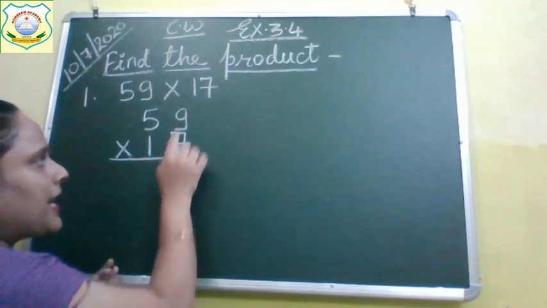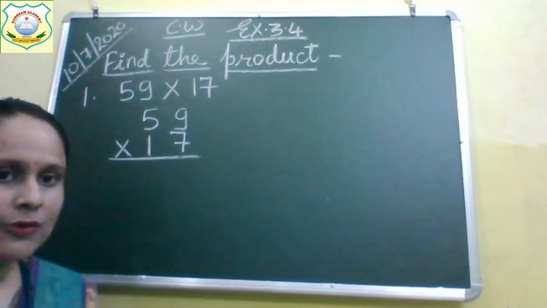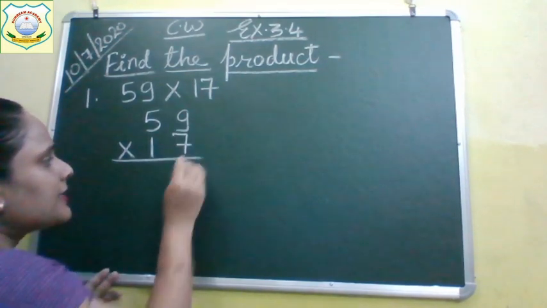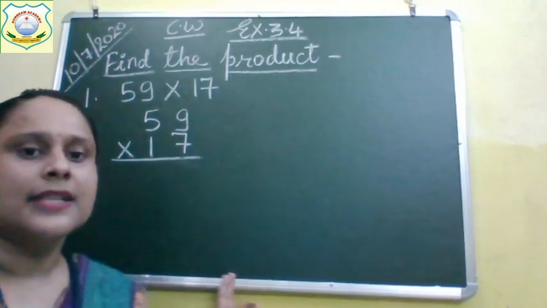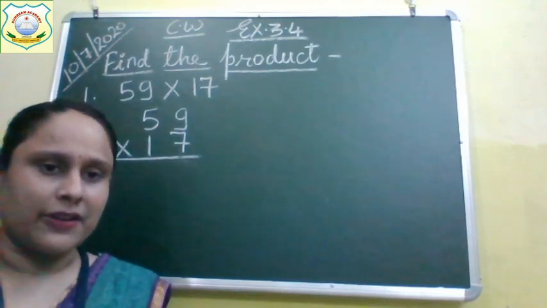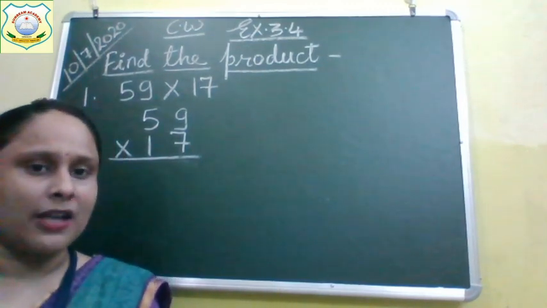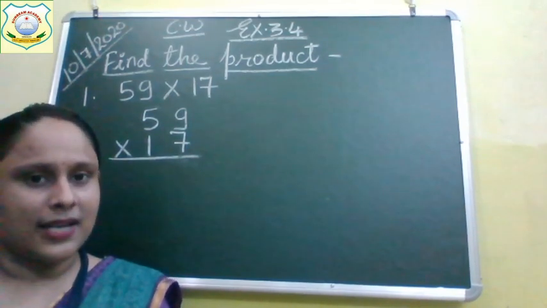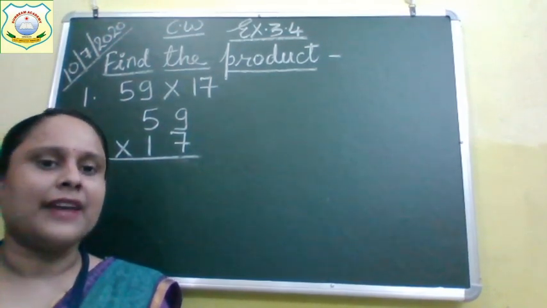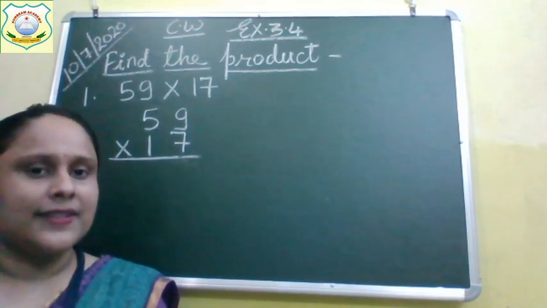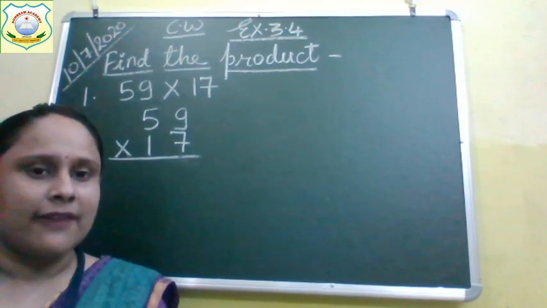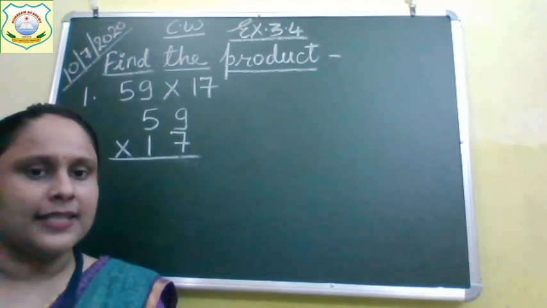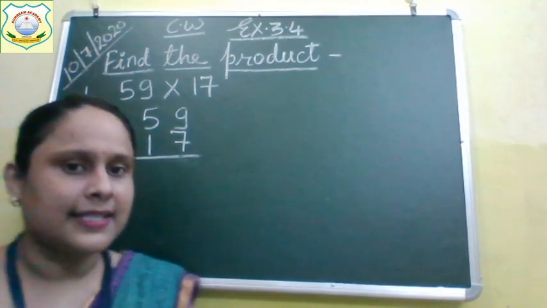First we will multiply this 7 by 9, which is in the ones place. 7 nines are, say the table with me first. Say the table of 7. 7 ones are 7, 7 twos are 14, 7 threes are 21, 7 fours are 28, 7 fives are 35, 7 sixes are 42, 7 sevens are 49, 7 eights are 56, 7 nines are 63.